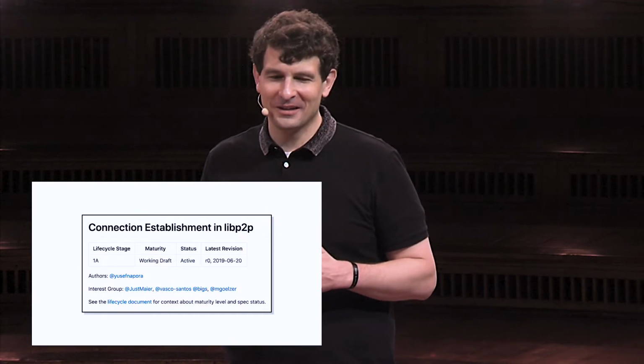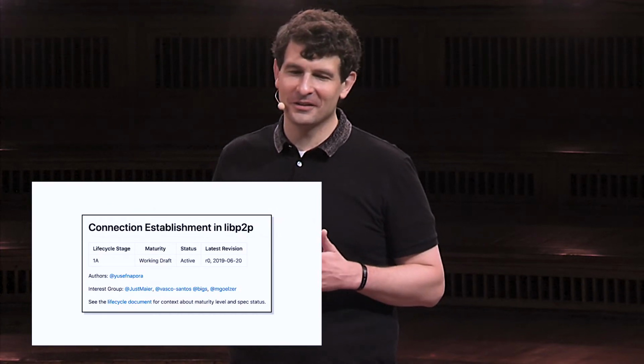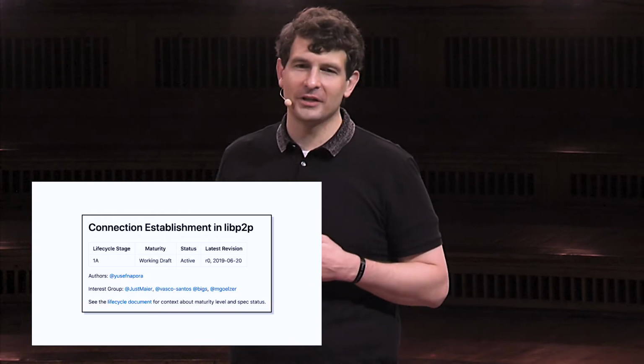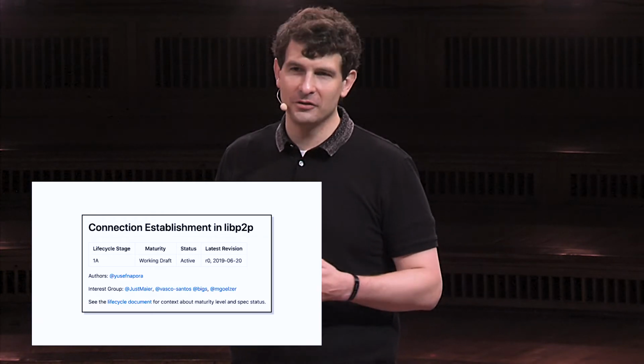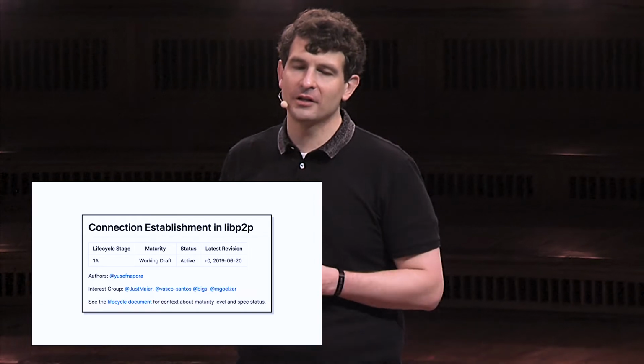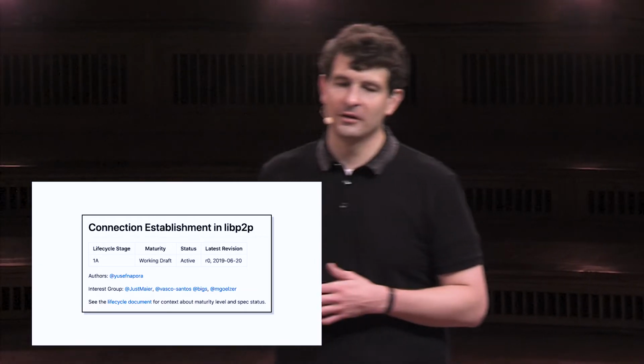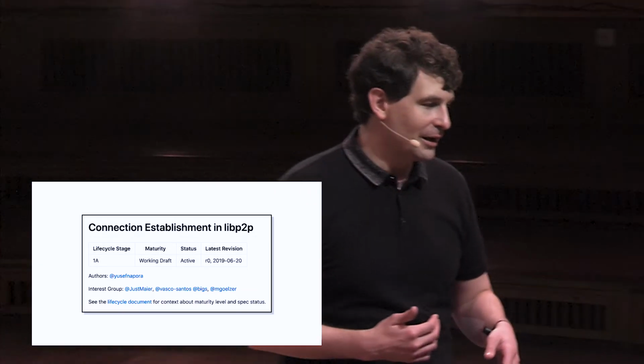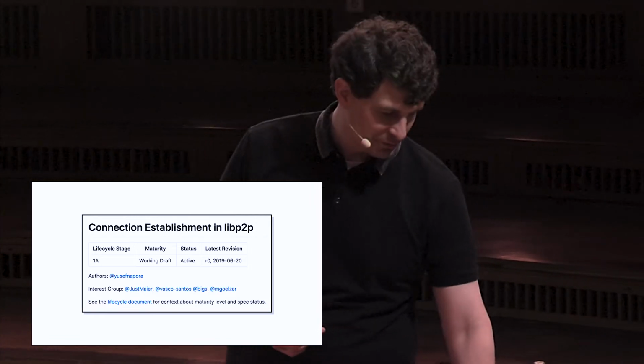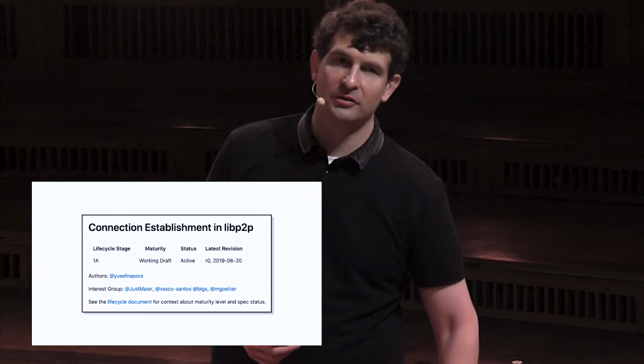So this table is at the top of any spec. I just picked one at random, but you should be able to click on the links there and learn a little bit more about how we're rating these things. But we're at least trying to give an indication of what's in draft stage versus what's finalized.